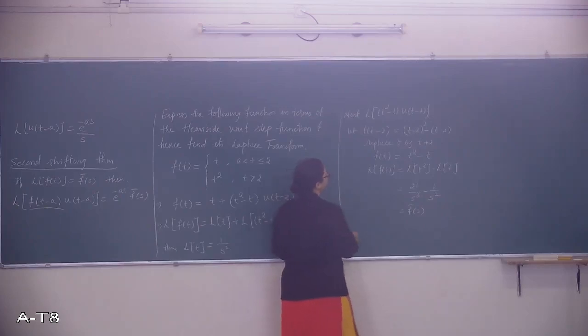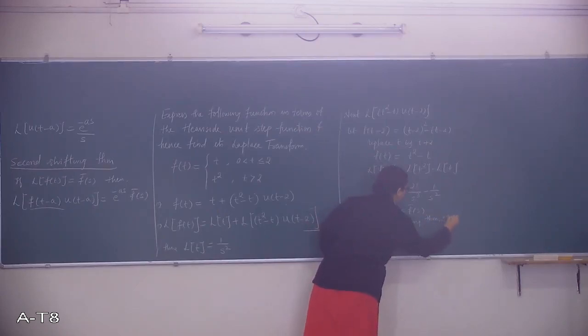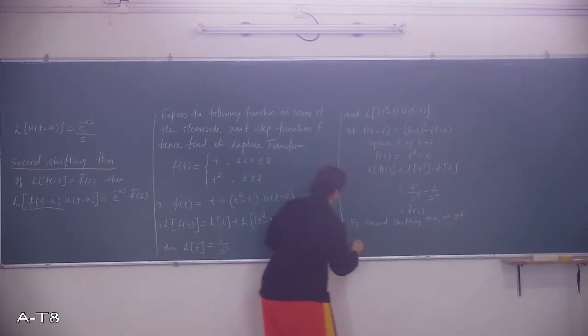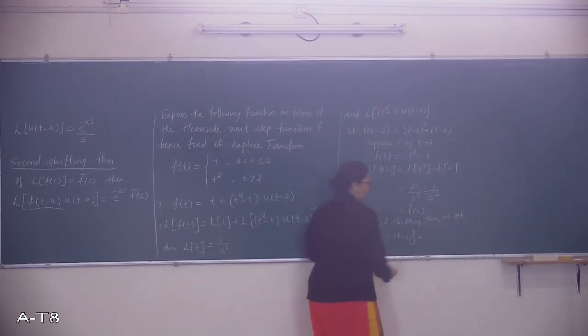Therefore, by second shifting theorem, we get Laplace transform of t square minus t into u of t minus 2 is equals to e to the power minus as.